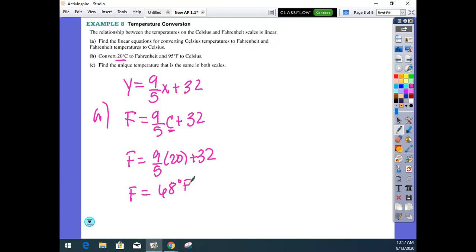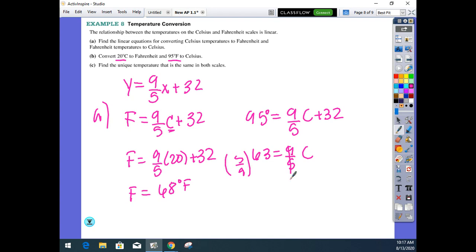Okay. You're going to do the same thing for 95 degrees Fahrenheit. So multiply both sides by the reciprocal. All right, so you're just plugging values in for each of the variables and solving for the missing one.